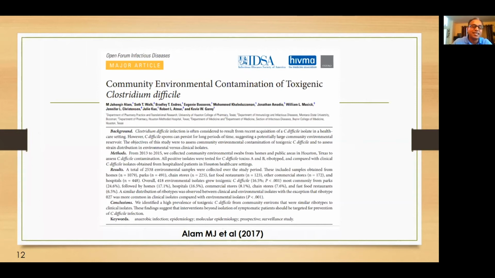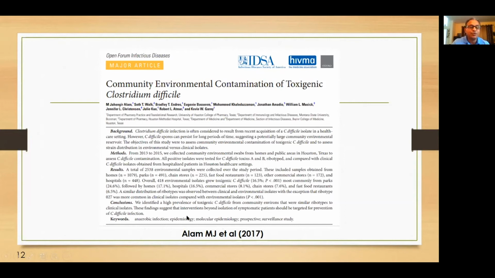The objectives of this study were to assess community environmental contamination of toxigenic C difficile and to assess strain distribution in environmental versus clinical isolates. For this study, we collected over 2,500 environmental samples over the study period.